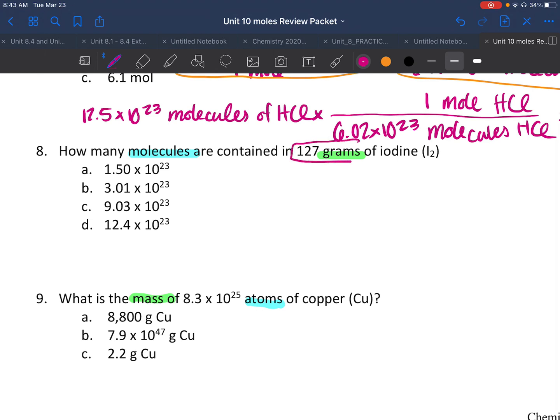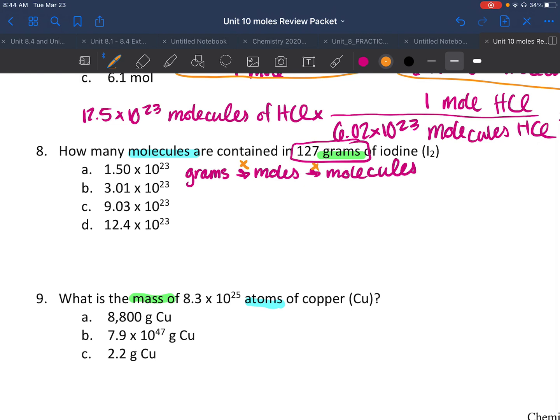We're starting with 127 grams of something. So if we're starting with grams, we always have to go to moles and then lastly get to molecules. So this is going to be the track I'm going to take for this double conversion, because we're going to need some sort of conversion going from grams to moles, and we're going to need another conversion going from moles to molecules. So we're using both tools for this example.